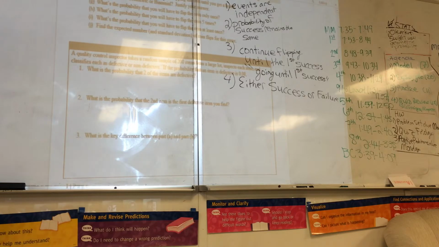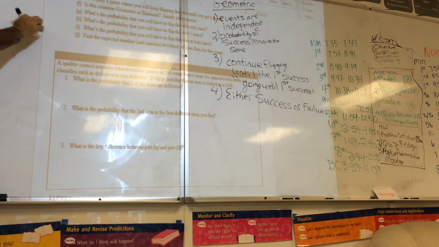If I wanted to find the probability that I get a head on the 5th roll, that's the probability that I got tails, tails, tails, tails, then heads. This is really saying, what is the probability that I don't get my first heads until the 5th roll?